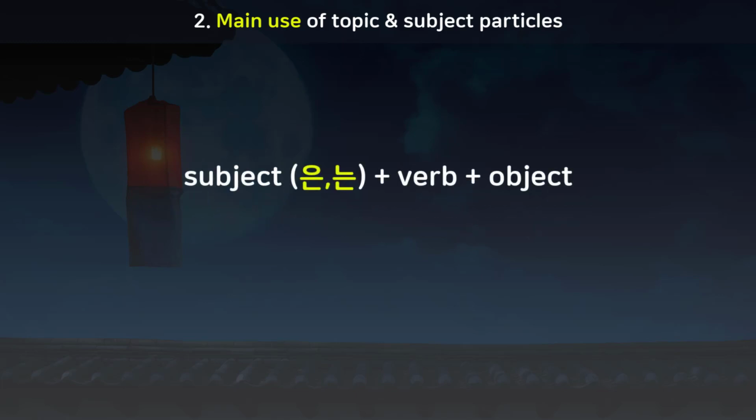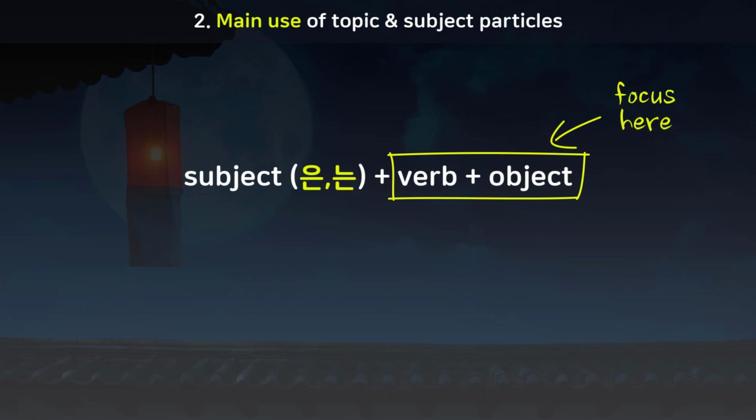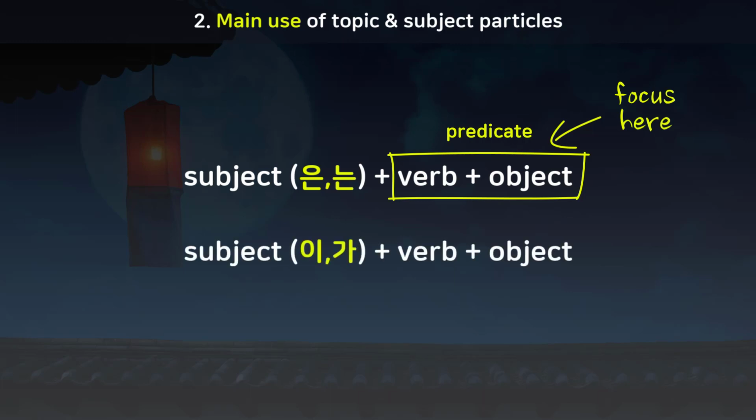We use topic particles with the subject to focus on the information that comes after the subject. In English, this refers to the predicate, meaning the verb, the verb's object, adjectives, and other information that comes after the subject. On the other hand, when we use subject particles with the subject, we're putting the focus on the subject rather than the information that comes after the subject.